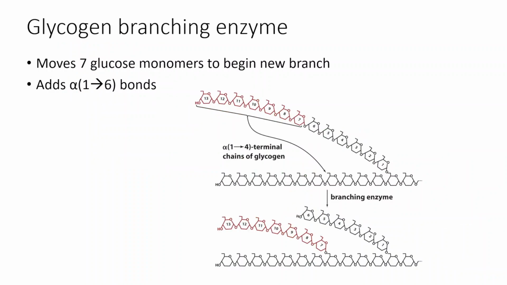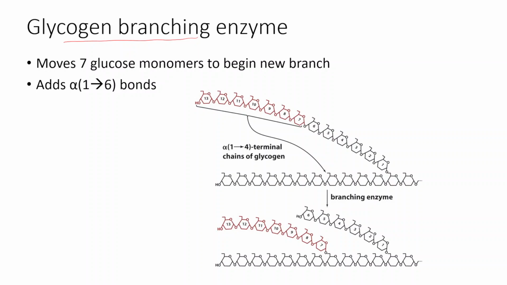The other aspect of glycogen, as you know, is we have to make all those branch points, right? So glycogen synthase is only able to help make those alpha-1,4 glycosidic bonds. So glycogen branching enzyme is needed to help make those alpha-1,6 bonds to make those branches.